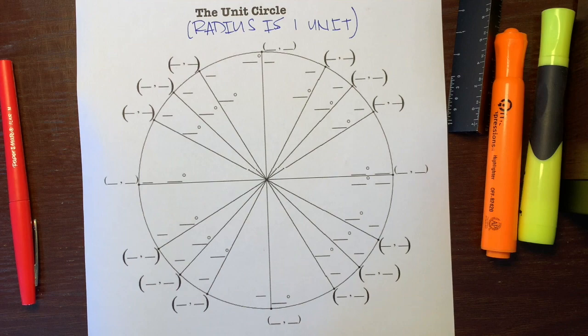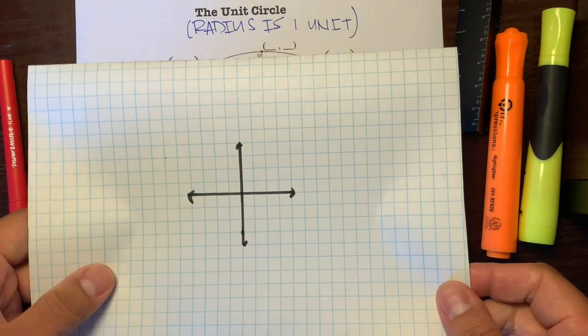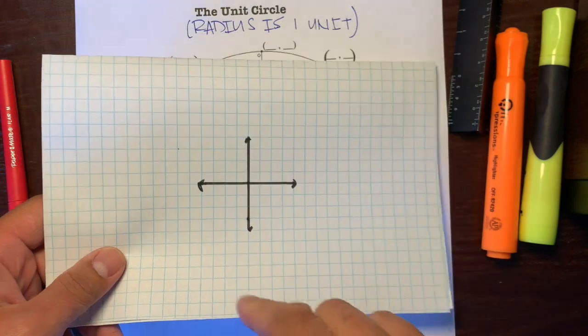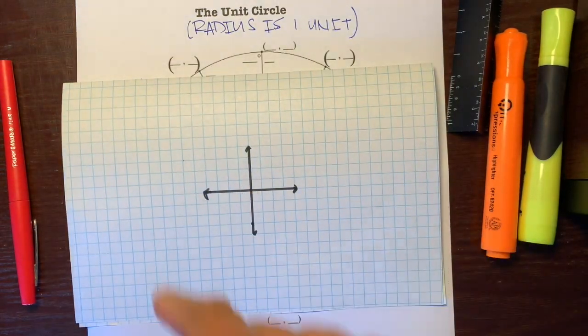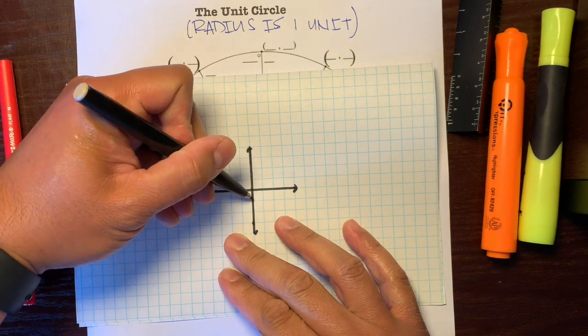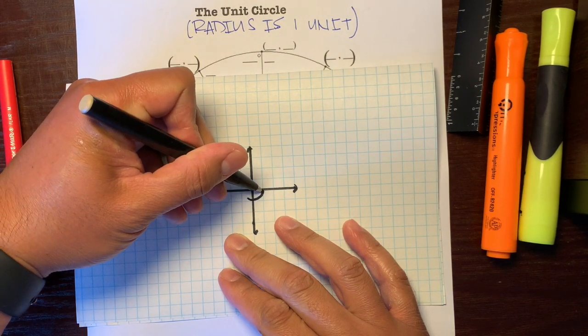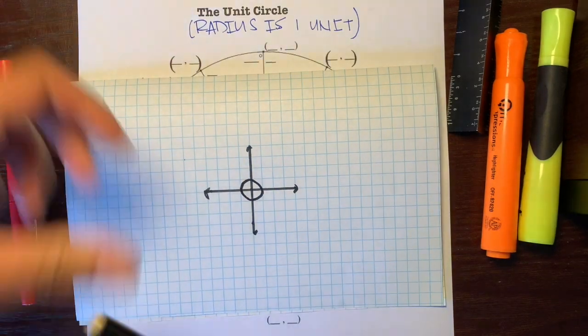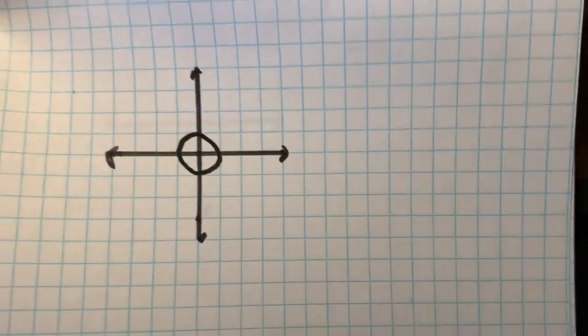So the radius is 1 unit, and this circle is sitting on a coordinate plane. If you remember from algebra, here's your x-axis, here's your y-axis. If we were to draw this unit circle, because the radius is only 1 unit, it would look something like this, but more circular than mine.